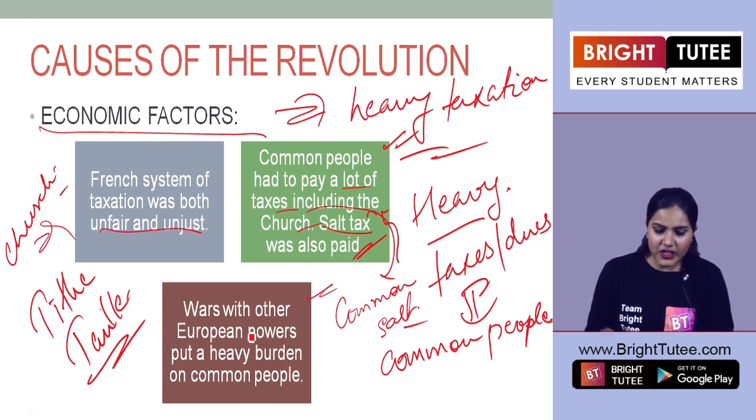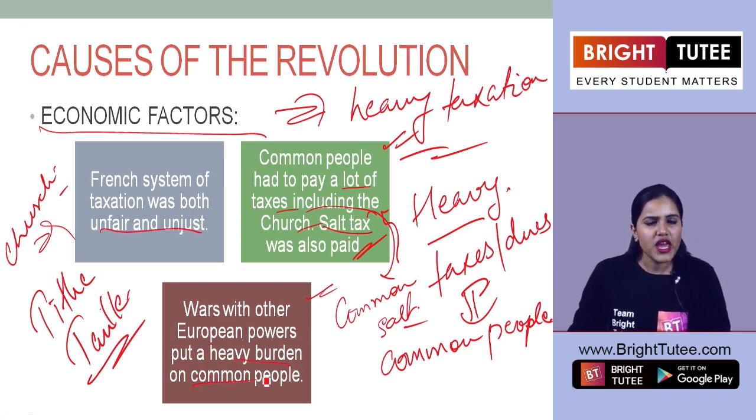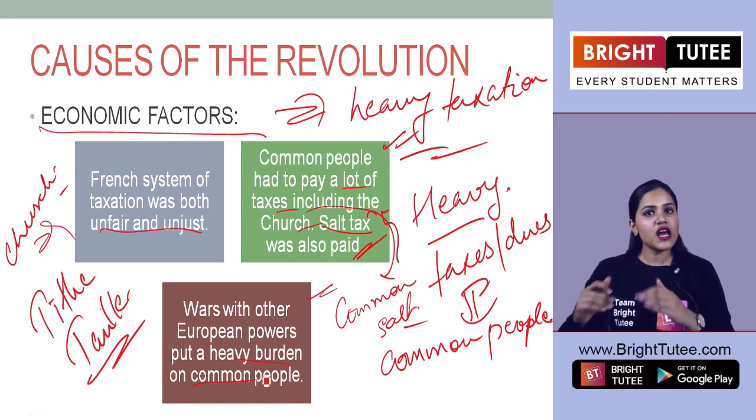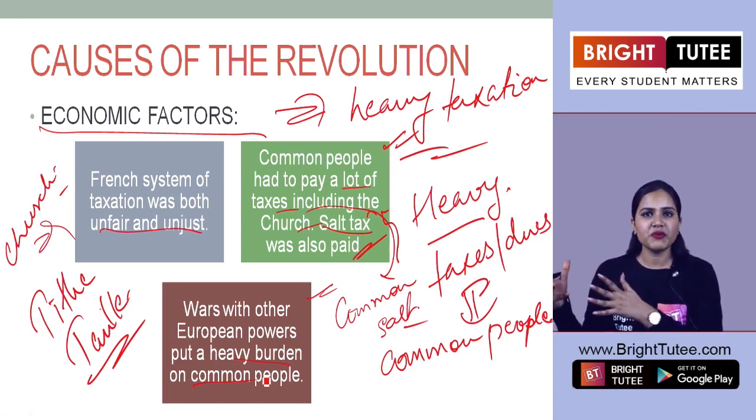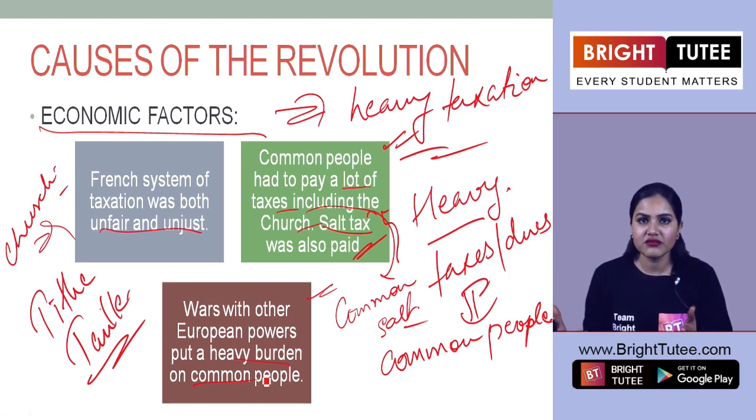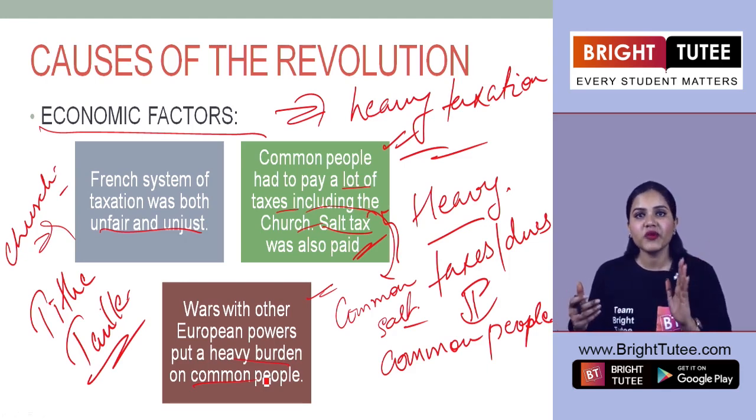Now, wars with other European powers put a heavy burden on common people. There might be a question in your mind: how are common people affected by this? Imagine the situation, students. In France, a lot of money had been put into the American war of independence, right? So the French had given a lot of money there.